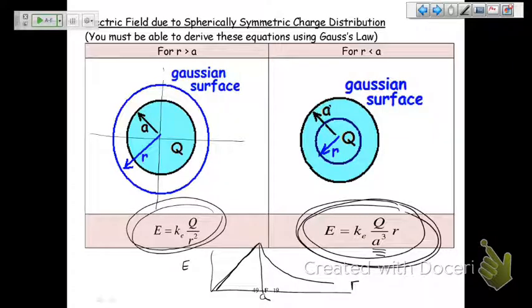Yeah? Now let's think about the gravitational analogy. If I go above the surface of the Earth, gravity falls off with an inverse square relationship. Isn't that what Newton told us? Big M, little m over R squared. Newton didn't think about going inside the Earth, and he didn't have the mass to go inside the Earth. But what this tells you is, if I go to the middle of the Earth, I've got no gravitational field.